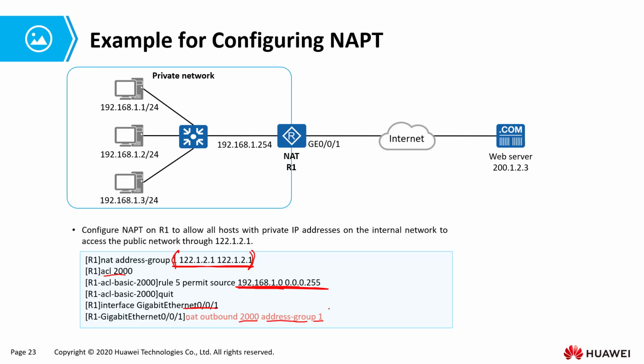Now there is an important trick I want to show you here. When we are configuring dynamic NAT, the only difference we have here is adding no-pat. That's all. Now by not adding no-pat here, it means we are doing PAT, and that is network address and port translation.